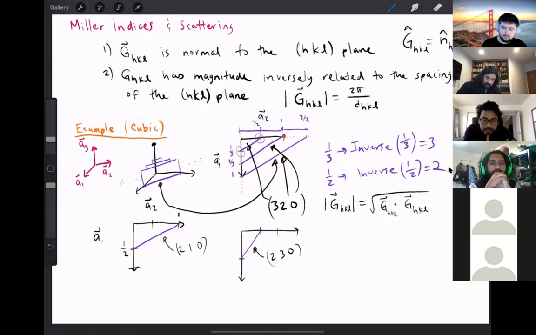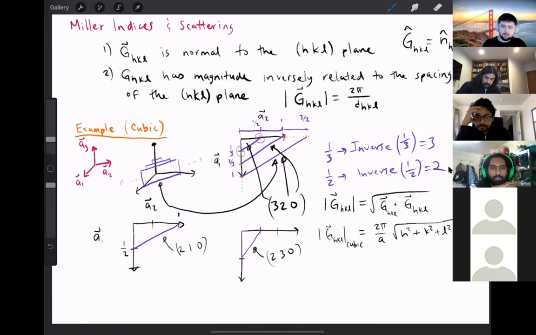And if we do that for the cubic one, we're going to get 2 pi over A times the square root of H squared plus K squared plus L squared.